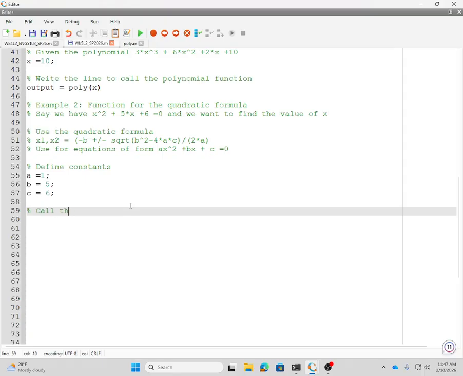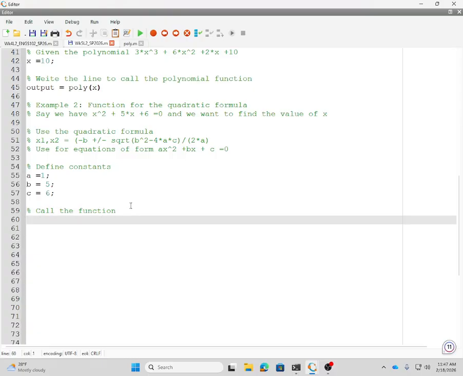So let me put that. Call the function. Now, unlike the last one, remember I had the syntax: when I have multiple results, the output needs to be in an array. So the bracket needs to be there, right? Why am I writing an array? Because how many results do I have?